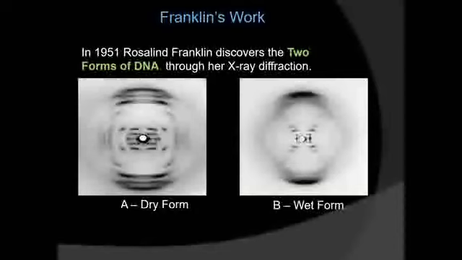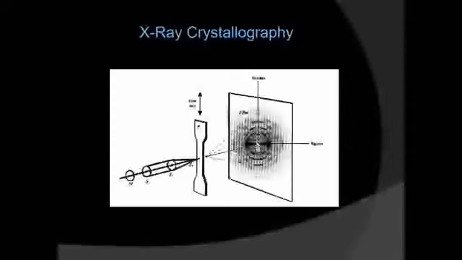In the meanwhile, when Watson and Crick were working on the elucidation of DNA structure, Franklin did the crystallographic studies, and she found that DNA is a double helical molecule, and she used both the dry and wet forms of DNA.